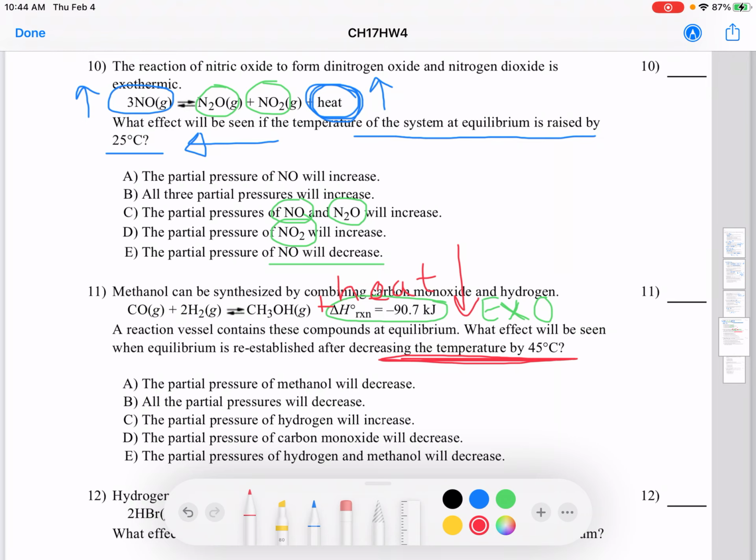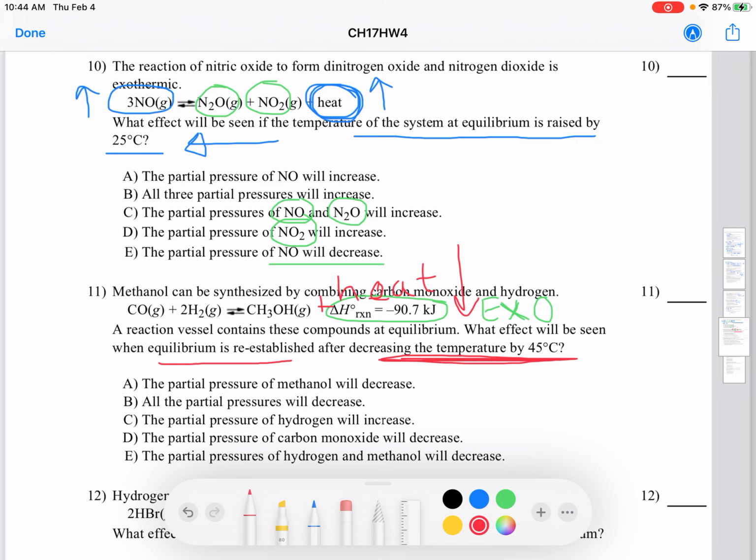If the heat is going down, which direction should the reaction proceed to compensate for the change? It's just like removing one of the products, so heat is being removed. Then the reaction should proceed to make more of what is being lost. Heat is lost, so it should go reverse.